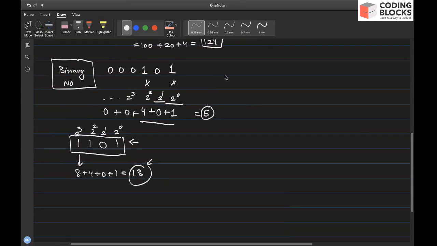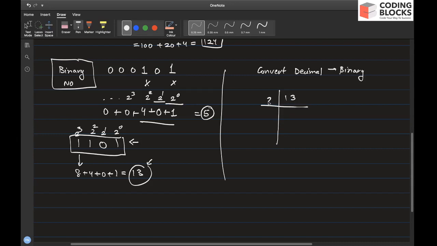Let us also look at the reverse process: how to convert a number from the decimal number system into binary. The way to do it is to repeatedly divide by 2. Let's say we have 13. 2 sixes are 12 and the remainder is 1. Then 2 threes are 6 and the remainder is 0.